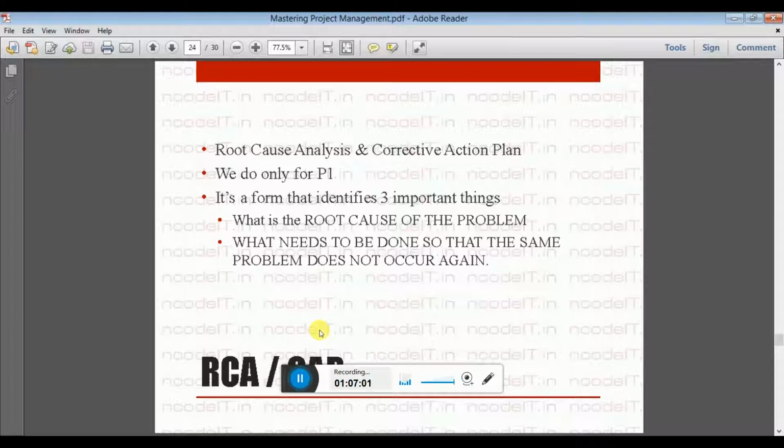Alright, now there's something called RCA CAP. RCA CAP is basically a root cause analysis and corrective action plan.